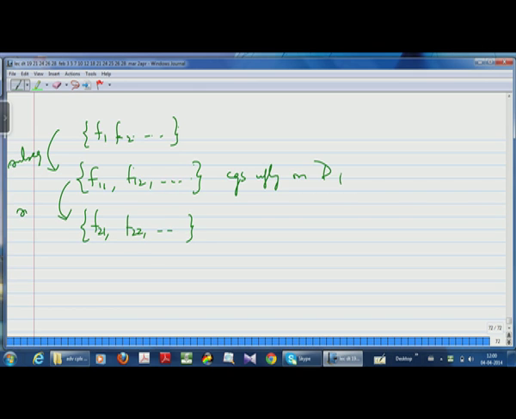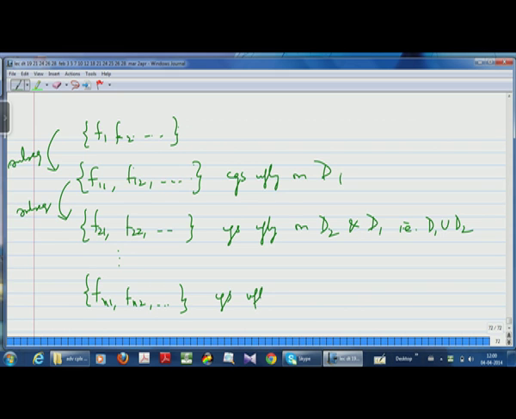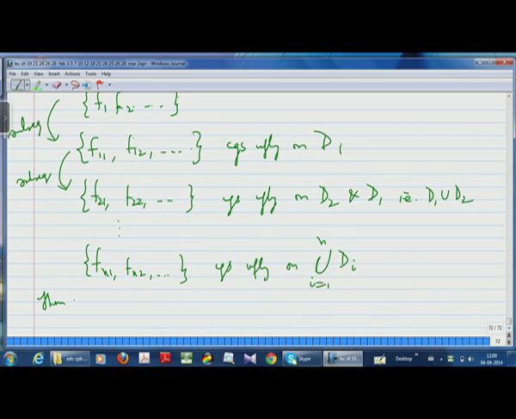This is also a subsequence that converges uniformly on D2 and D1. So that is D1 union D2, okay, and you go like this ad infinitum, you end up with fn1, fn2 that converges uniformly on the union of Di, i equal to 1 to n, okay.